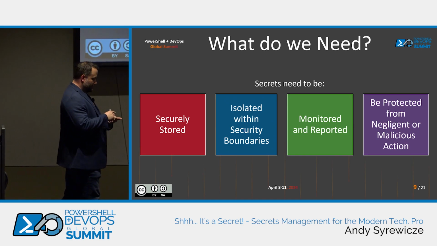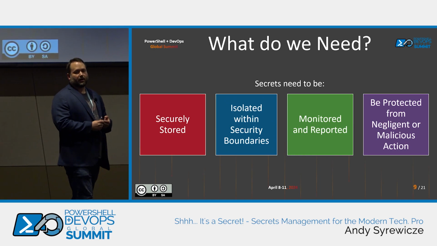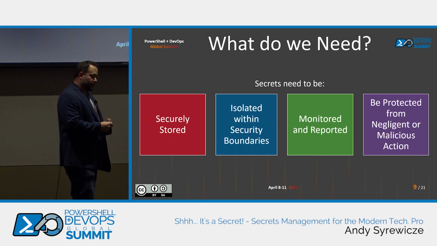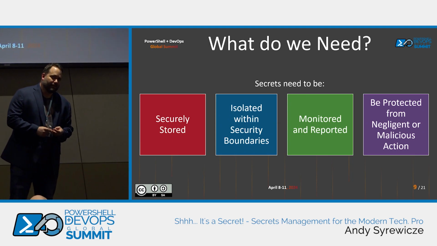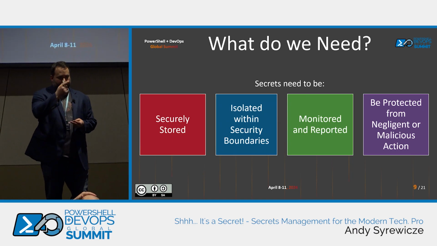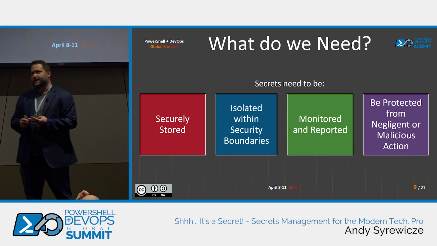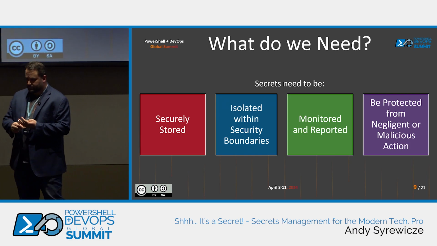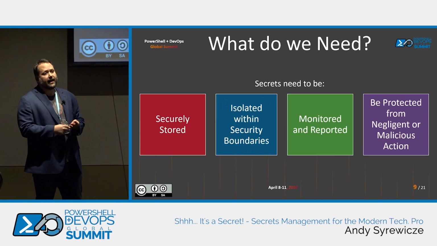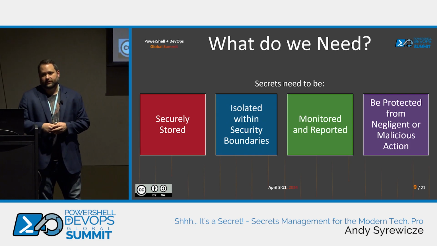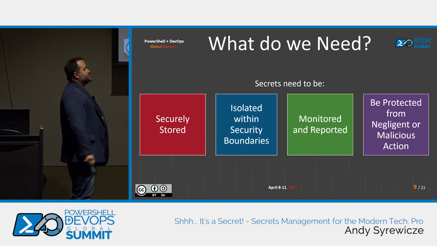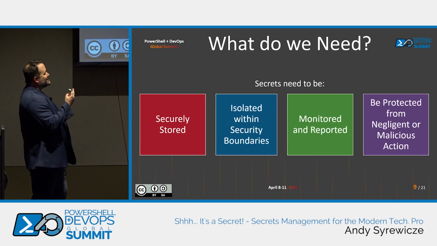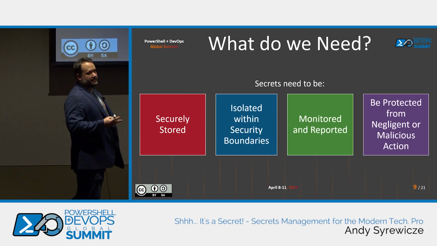So we're going to be talking about Key Vault, but there's a number of other options out in the industry, right? You've got things like HashiCorp Vault. You've got Thycotic Secret Server. I know Bitwarden has a CLI that integrates with their services. A lot of different options, right? You want it to be isolated within security boundaries.